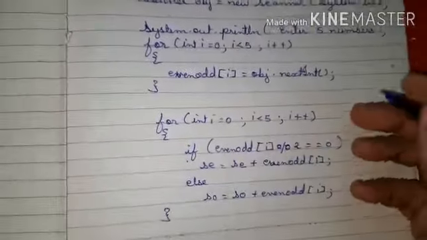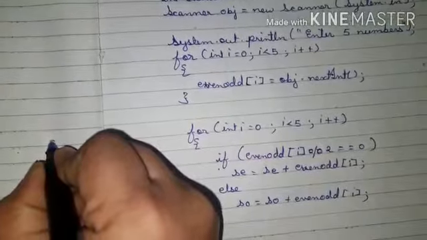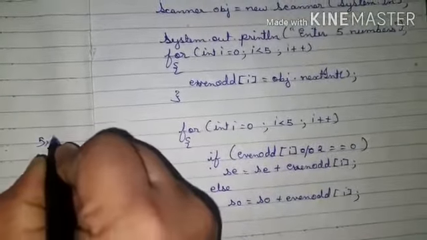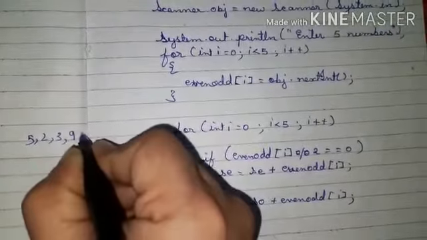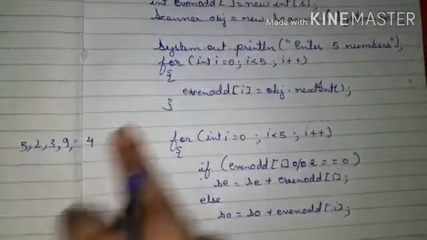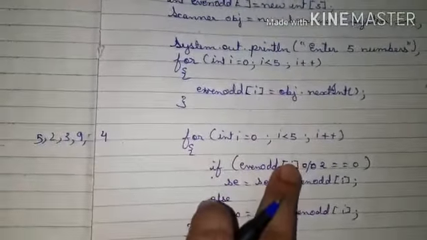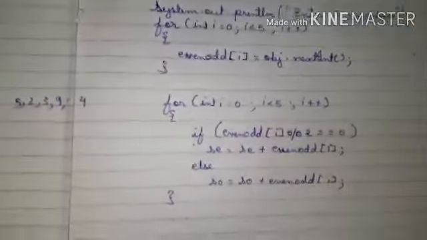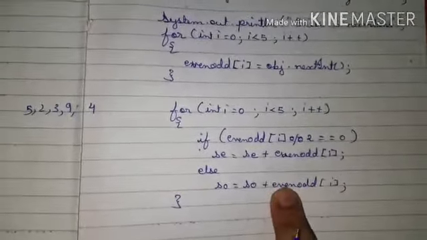So take it, if I have taken some values like first 5, then 2, then 3, then 9, then 4. Here, first in the 0 position 5 is there. It is not divisible, so it will come to this part and it will give 5.